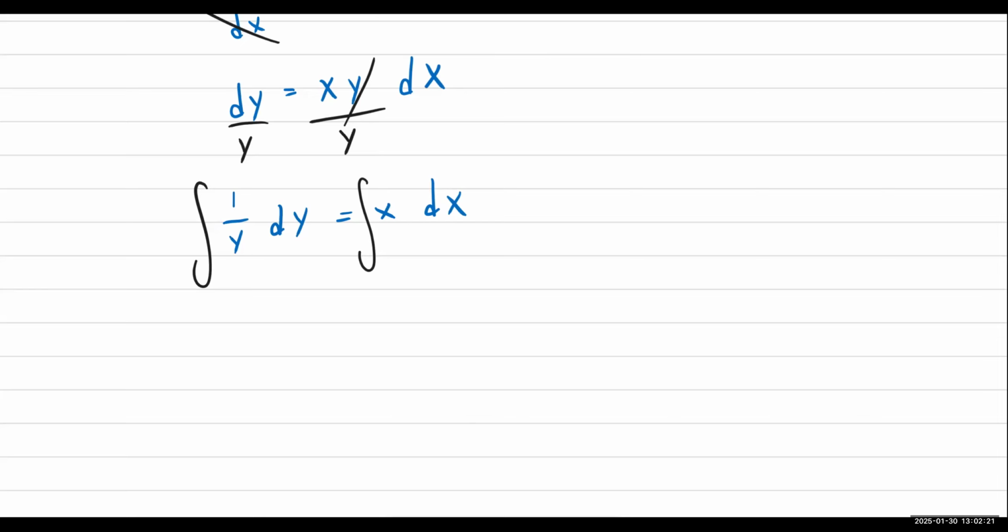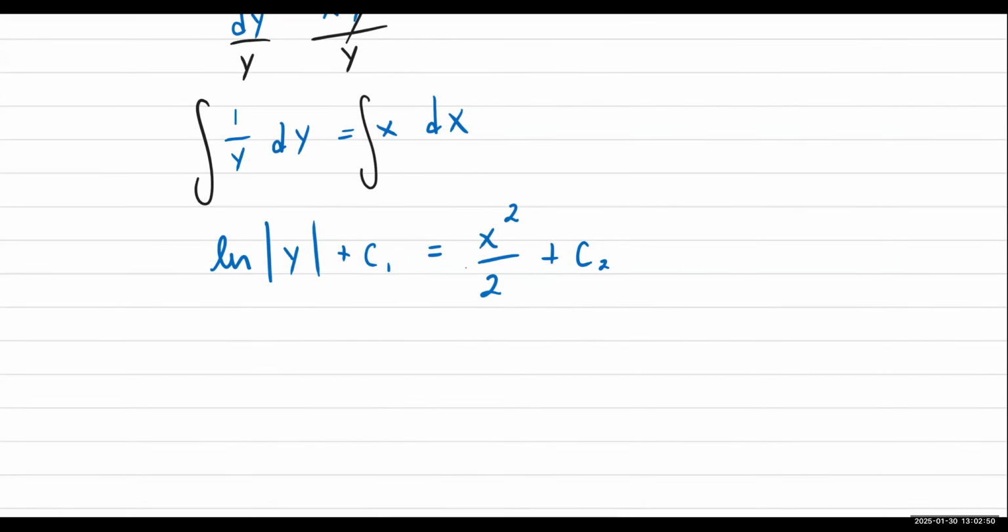The integral for 1 over y will be the natural log of the absolute value of y. It has a plus c in there, so I'll note that there's a constant when we're talking about the general solution for integrals. And the integral for x is not a natural log, but rather x squared over 2, and that has its own constant after integrating.